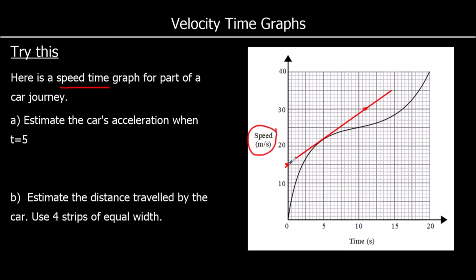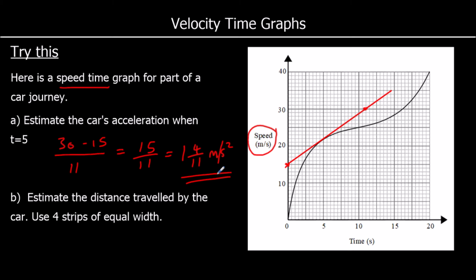So it's 30 minus 15 over 11 minus 0. So it's 15 over 11, which, well, we can't really simplify that. So 1 whole and 4/11ths, and that's in meters per second per second, meters per second squared.